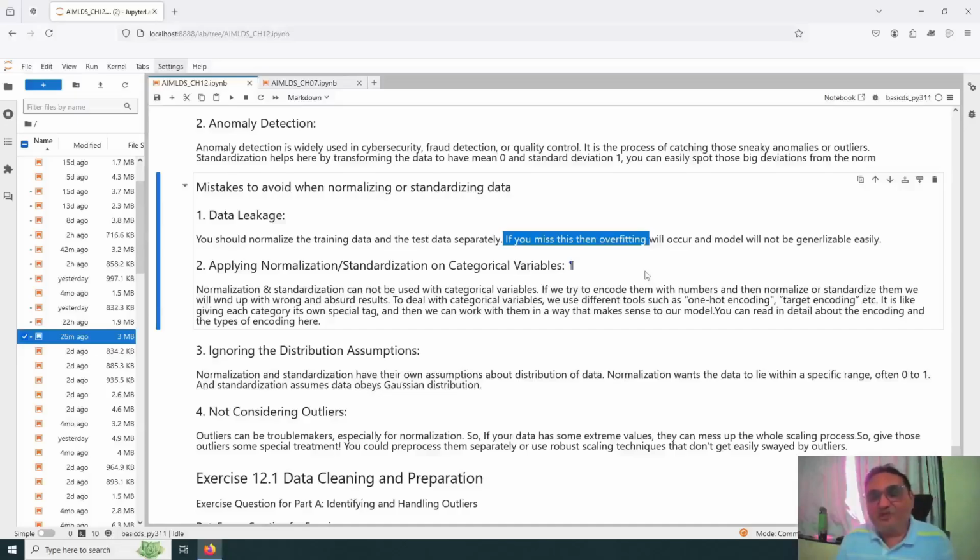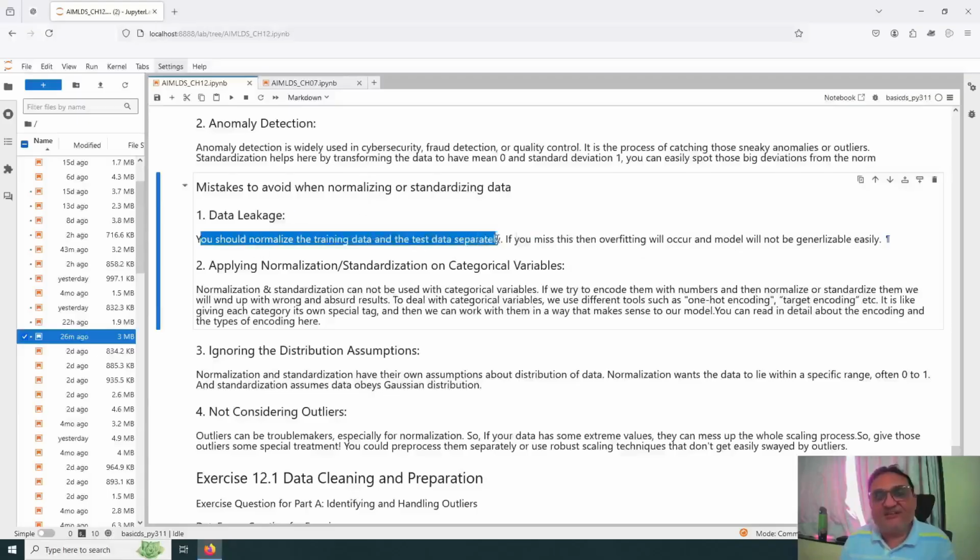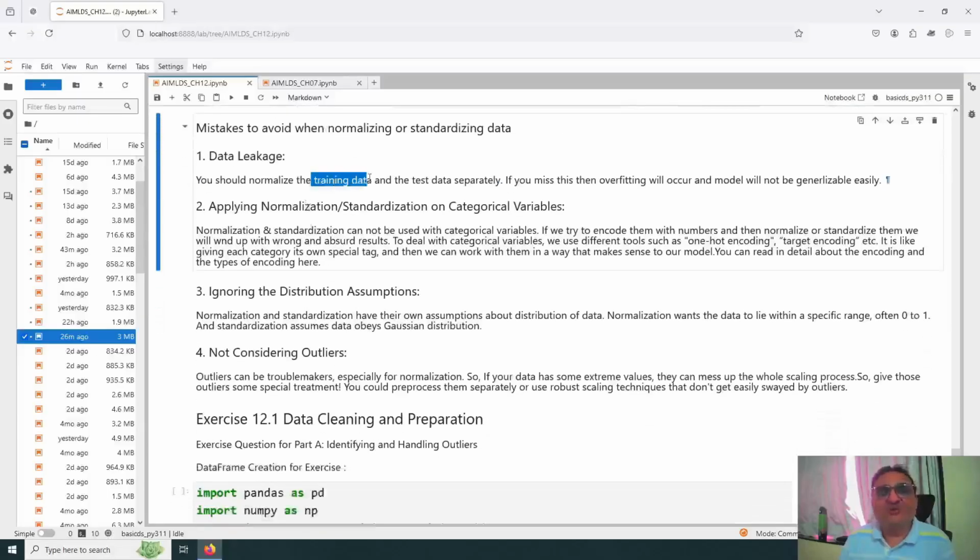From 90%, it may fall to simply 60% or 55%. Because on a new data set, it will be working on patterns which it has not seen, while if you test it on the trained data set, it has already seen the entire data, because you by mistake did your standardization or normalization on the entire data set. So please do standardization of training data separately and standardization of testing data separately.